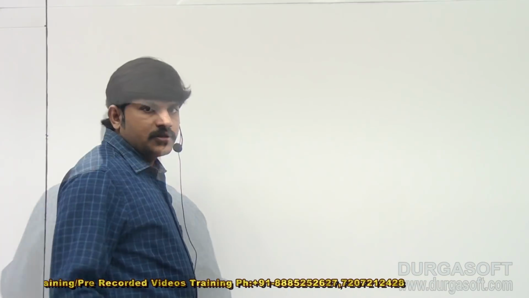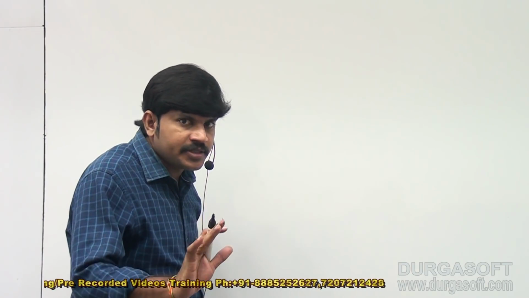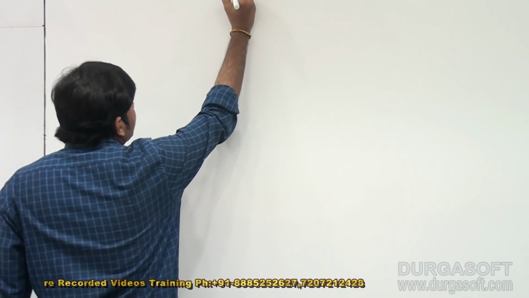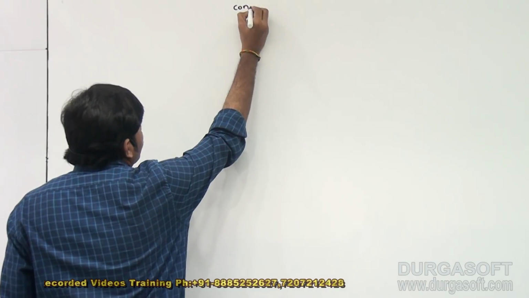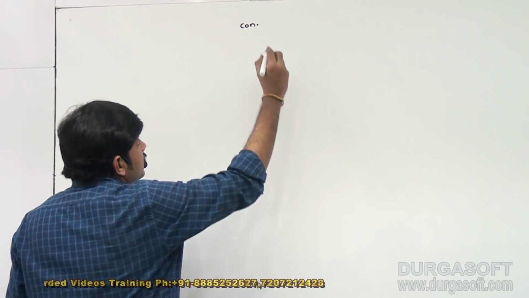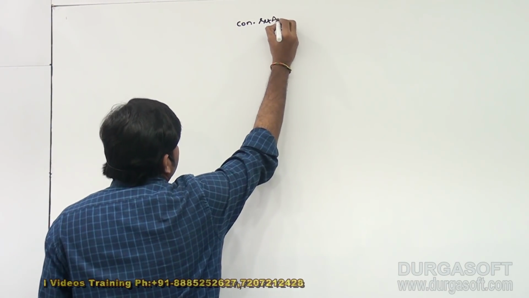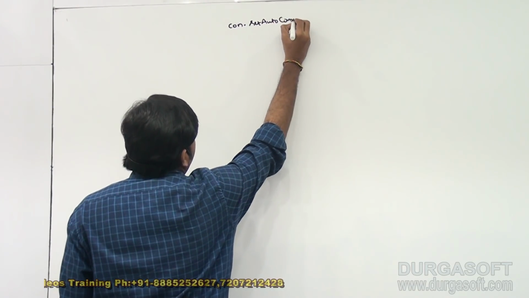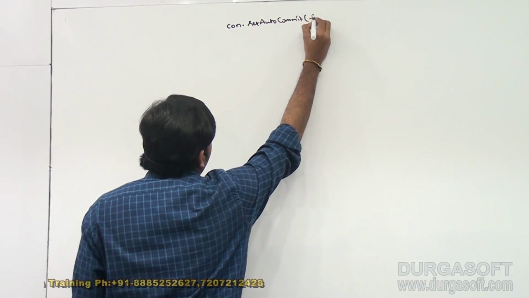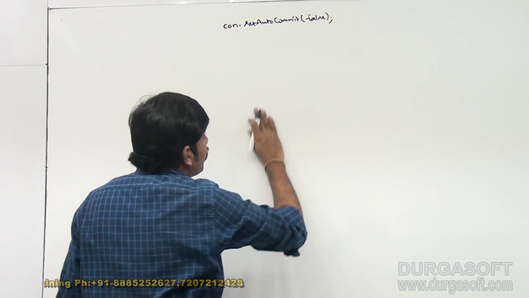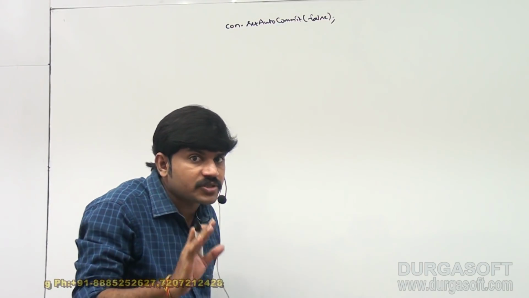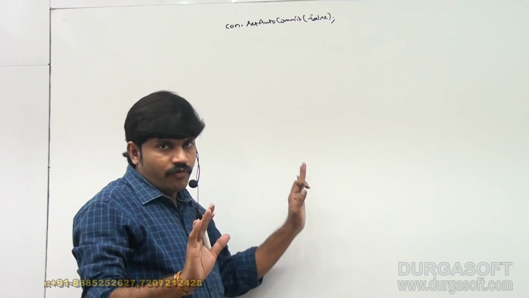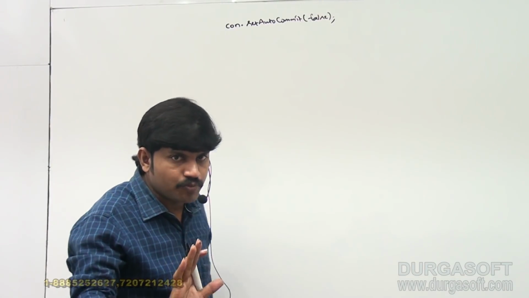Now I want to implement a transaction. The first line here is con.setAutoCommit(false). You know, if you want to implement a transaction, what is our first line? con.setAutoCommit(false). We have to disable auto commit mode.